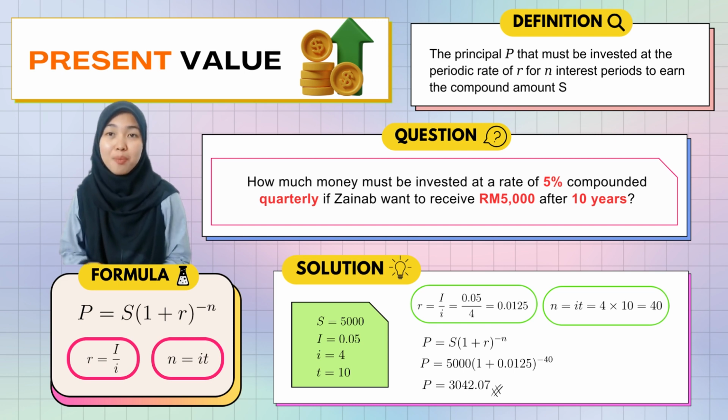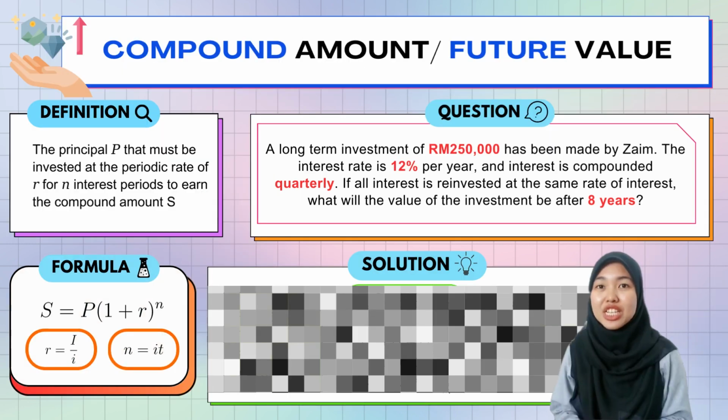So the money Zainab must invest to get RM 5,000 after 10 years is RM 3,042.07. The definition for compounded amount and future value is the same as present value, but here we focus on determining the future value, which represents S. The formula for future value is quite similar to the present value but not identical, because here we focus on finding the value of S.